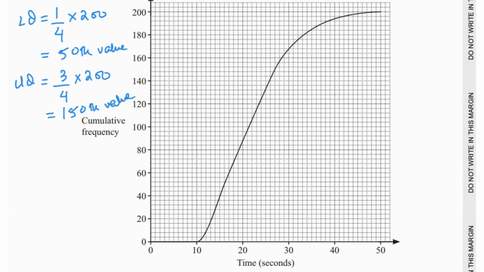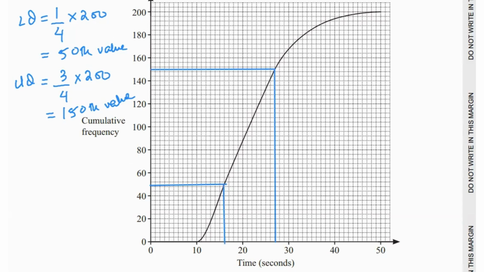So for that, draw a line from 50 towards the graph, and from 150. This and this.